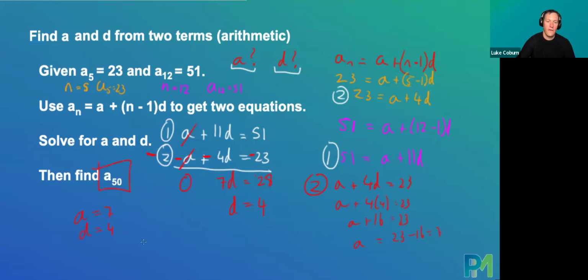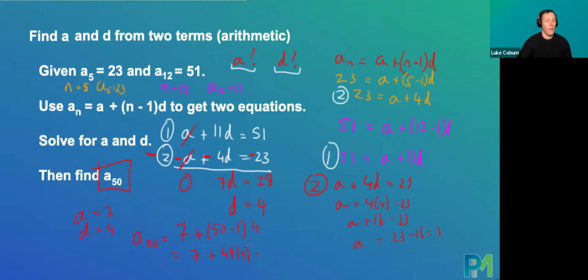And now we have to find A50, so we can just use that formula. A50 is equal to A, which is 7, plus n minus 1, which is 50 minus 1, times 4. That's 7 plus 49 times 4.